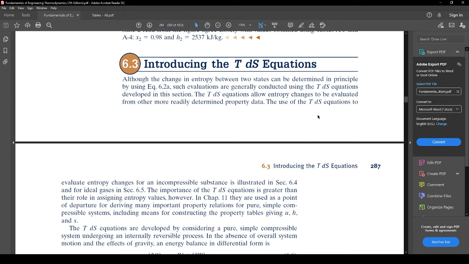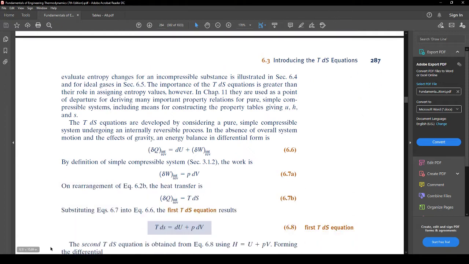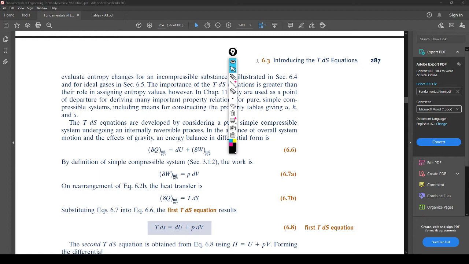The use of TdS equations to evaluate entropy change for incompressible substances is illustrated in section 6.4, which will be the next one, and for ideal gases in the following one. The importance of the TdS equations is greater than their role in assigning entropy values. In Chapter 11, they are used as a point of departure for deriving many important property relations for pure, simple compressible systems, including the means for constructing the property tables of U, H, and S.